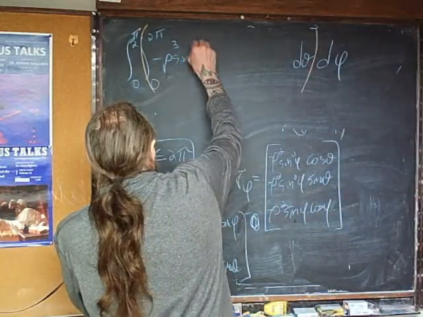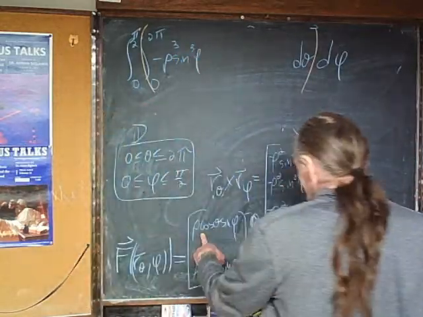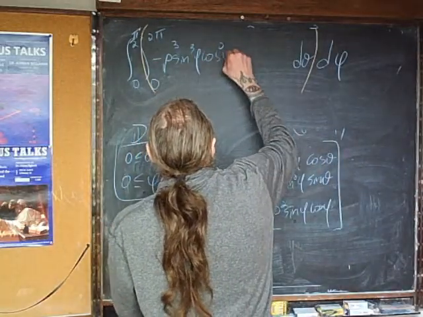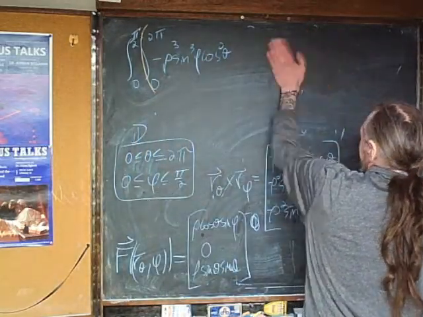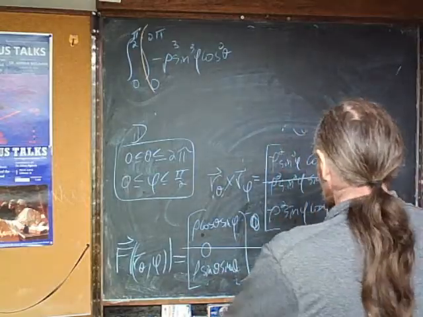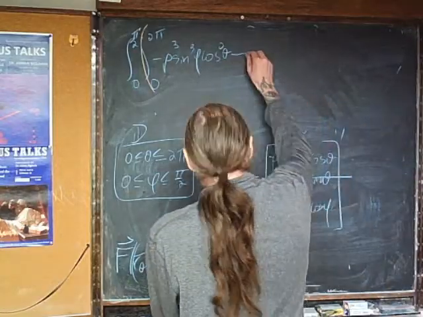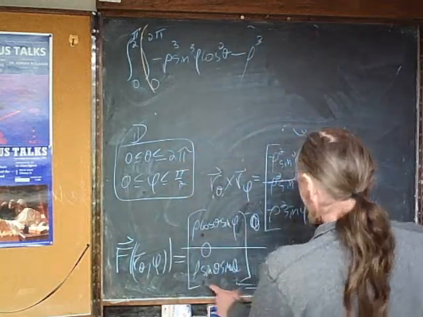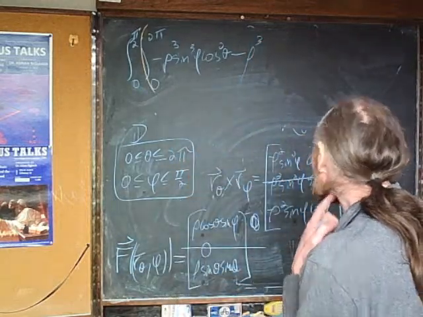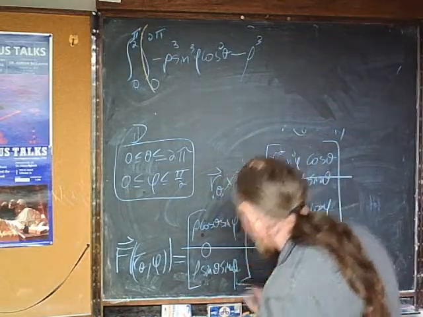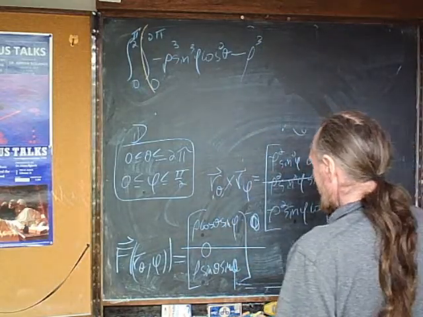See, that's where we're going to have to use trigonometric integrals. Sine cubed phi times cos squared theta. Wishful thinking that it was going to be that short of an integral. Minus rho cubed times, what do I get? That's not too bad. That's a phi, right? Yes.